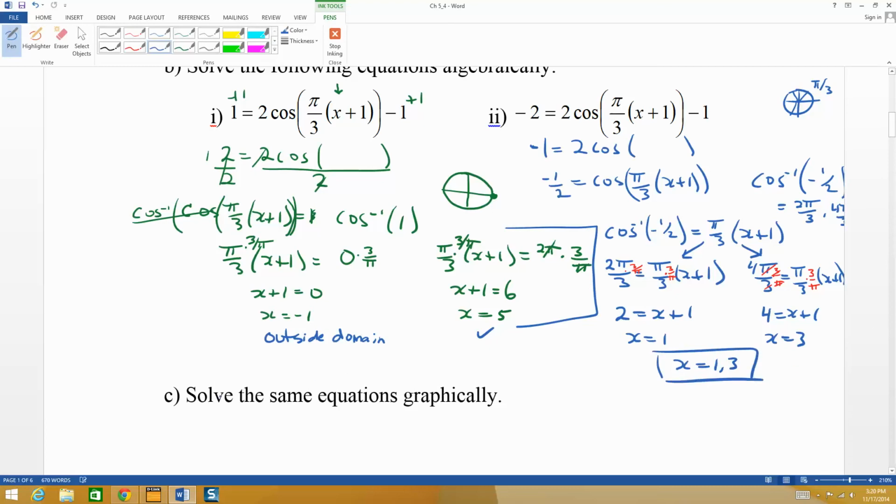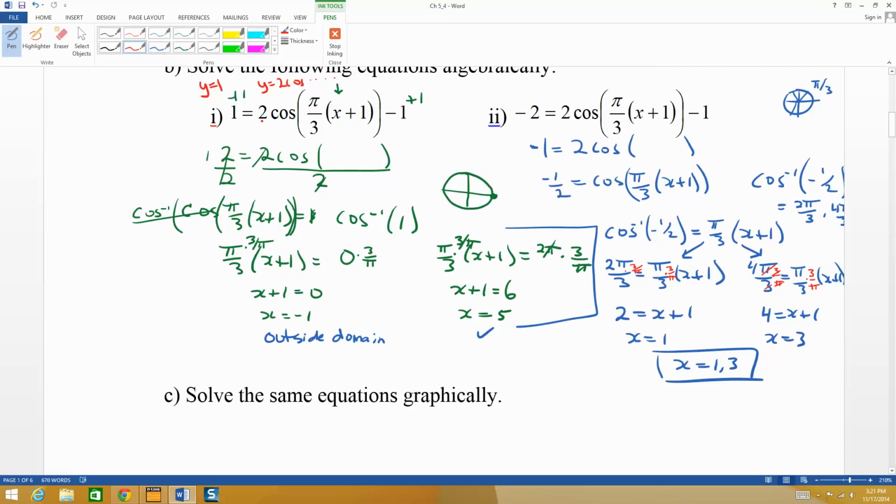Okay, now the last part says solve the same equations graphically. If I switch to, I don't know, I guess I'll do red. If I switch to red, here I can write over top of this, you can think of this as y is equal to 1 and y is equal to this 2 cos, all this stuff.